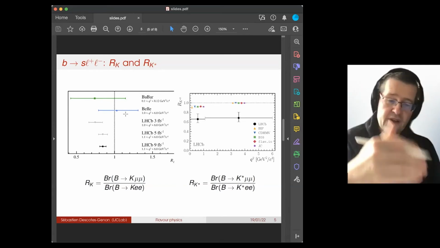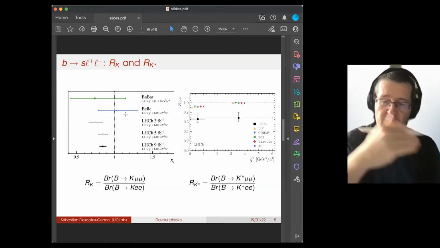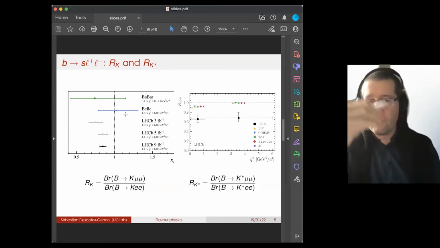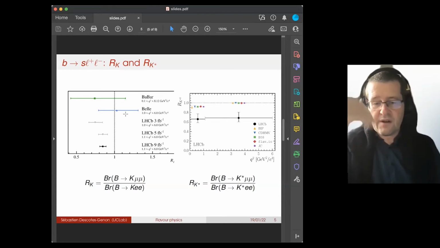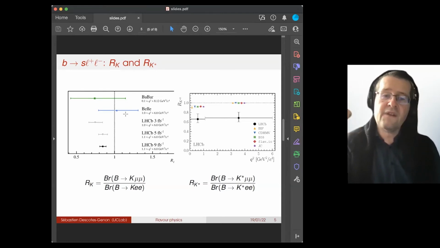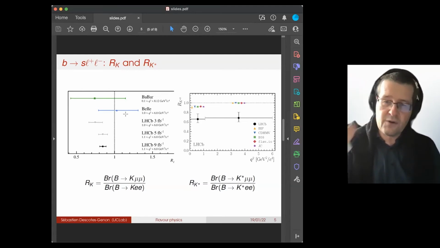Actually, there are deviations even in Bs to phi, Lambda b to Lambda mu, and Bs to mu mu. So several different processes with all the same B2S mu underlying physics have branching ratios that are not in good agreement with the standard model. Obviously, the uncertainties are larger because you have hadronic uncertainties that are cancelled out in RK and RK star that are not cancelled out when you're looking at the individual branching ratio.